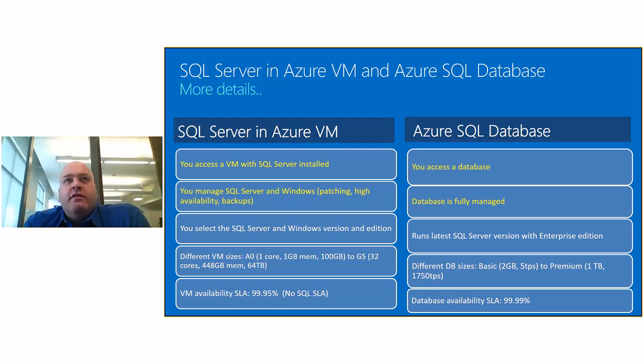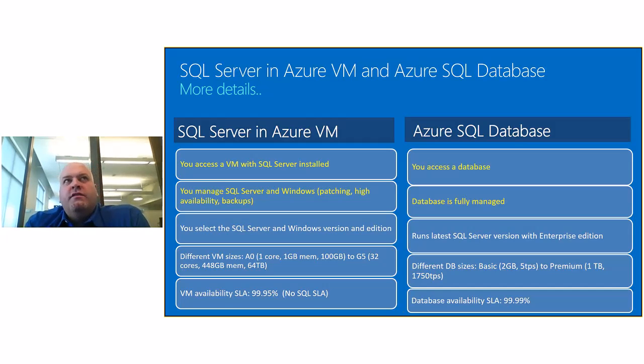So basic tier is 2 GB database size with 5 transactions per second for throughput, to a premium tier of up to 1 terabyte for a single database with 1,750 transactions per second. The availability of Azure SQL Database from a service perspective is 99.99%. That equates to roughly a very small amount of downtime in a month. So I believe it's less than 4 minutes, if I'm not mistaken.